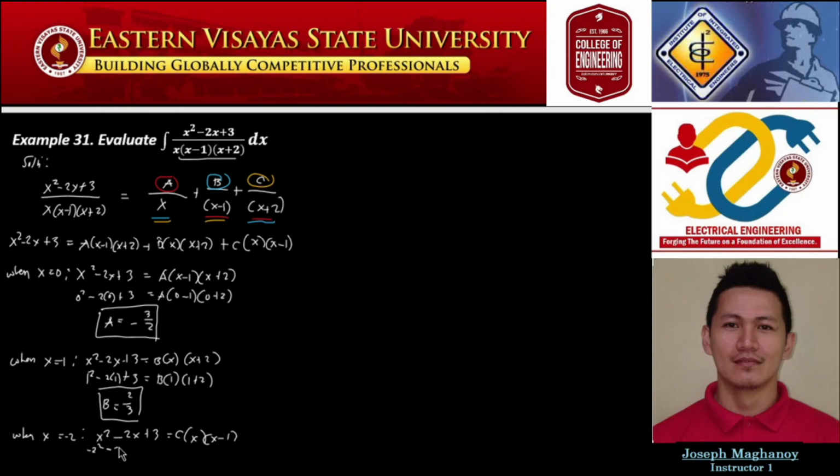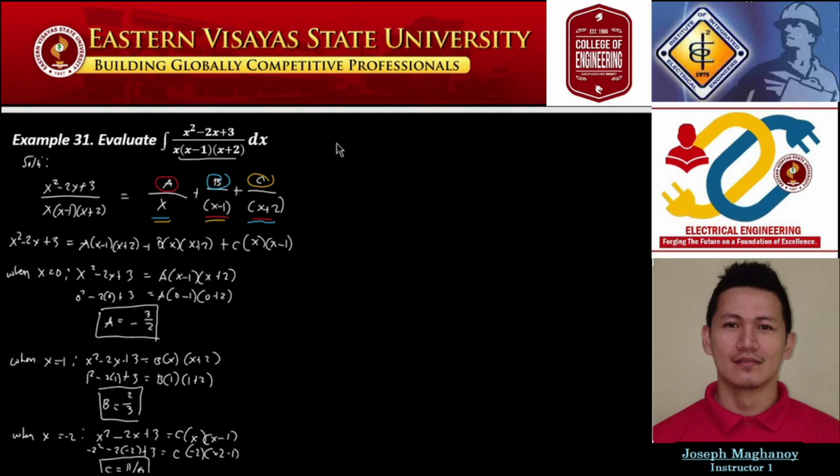Negative 2 squared minus 2 times negative 2 plus 3 is equal to c, negative 2 times negative 2 minus 1. So solving for c, that is equal to 11 over 6. So we have the values for a, b, and c. Now we can substitute them into our partial fraction decomposition format.